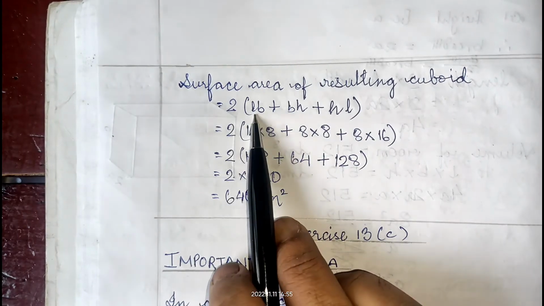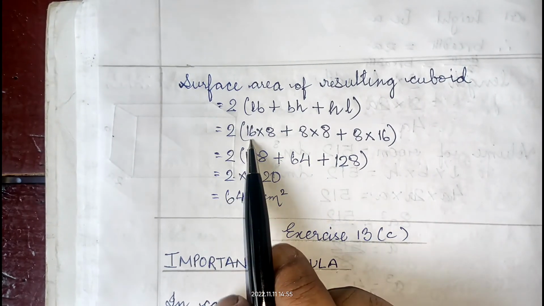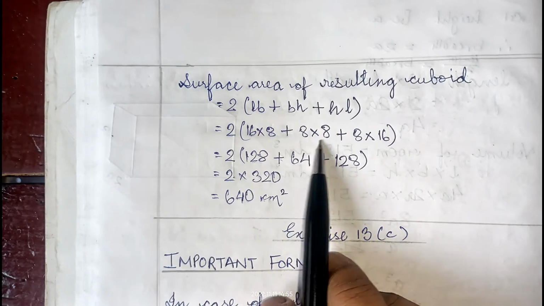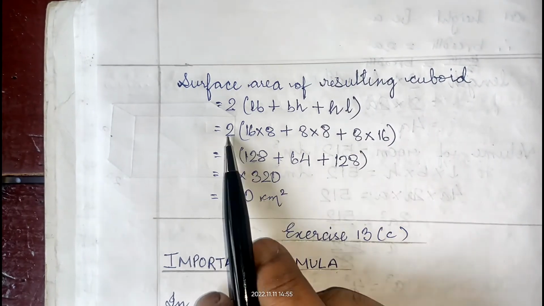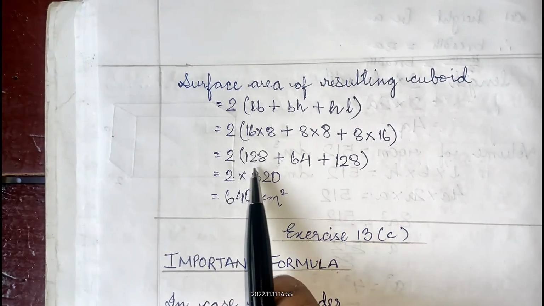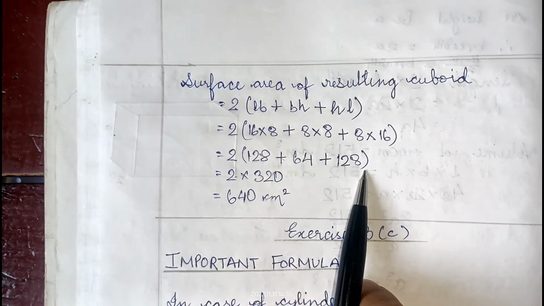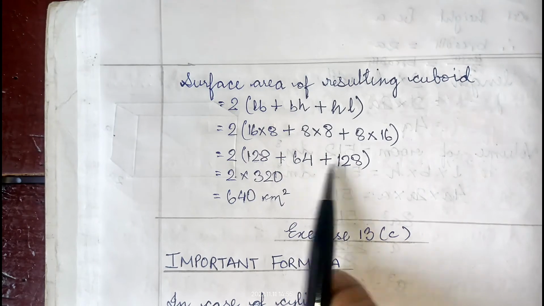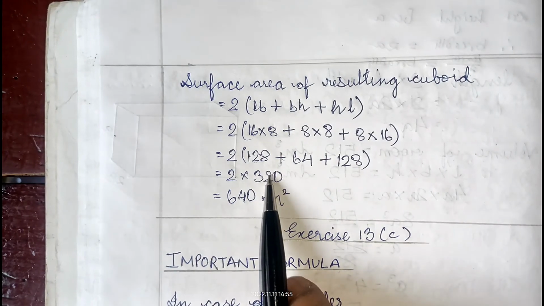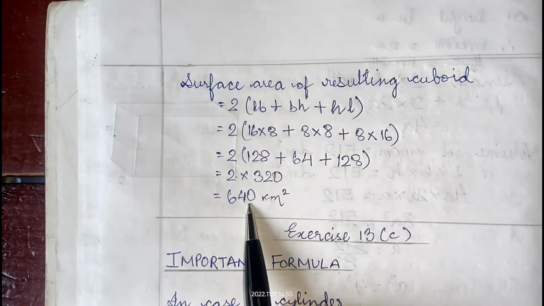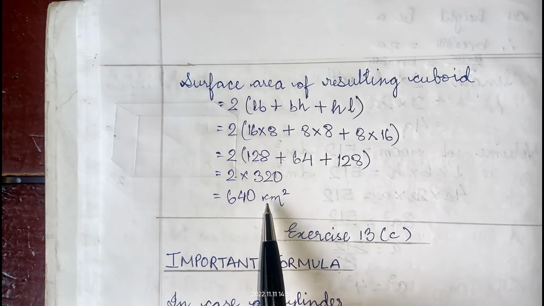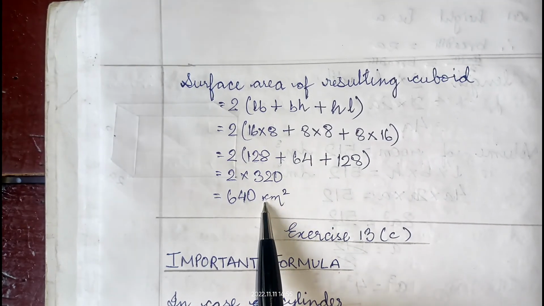Twice, length is 16, breadth is 8: 8 into 8 is 64, 8 into 16 is 128, 16 into 8 is 128. If I add these 3, I am going to get 320, and on multiplying with 2, it will be 640 centimeter square. Therefore, the surface area of the resulting cuboid is 640 centimeter square.